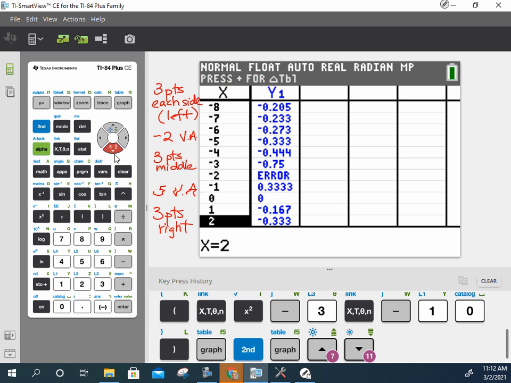So I'm going to plot, because I kind of did this already, -5 and -0.3, -4, 0.4, -3, and 0.75. So those will be my 3 points on the left. My points in the middle: -1.3, 0, 0, and 1 comma -0.2.